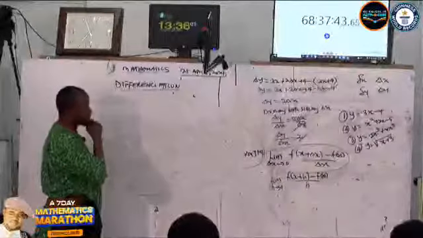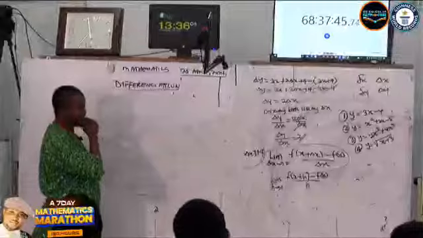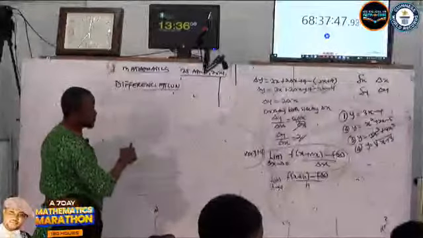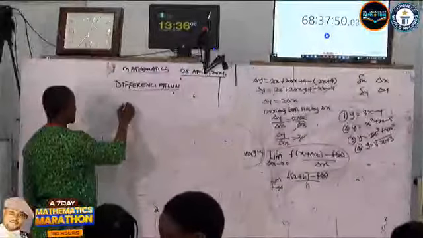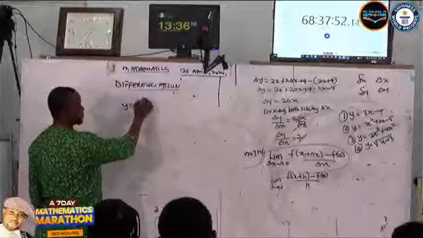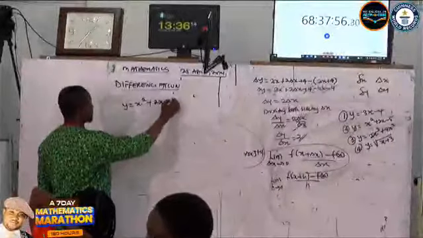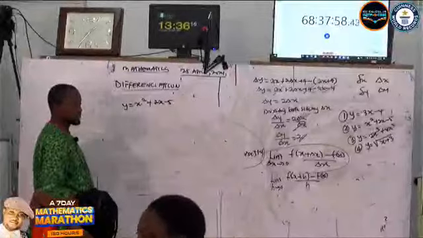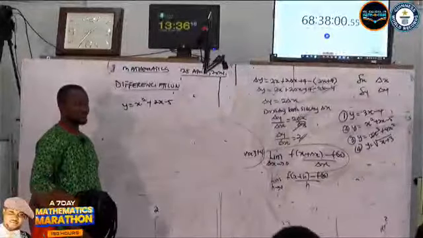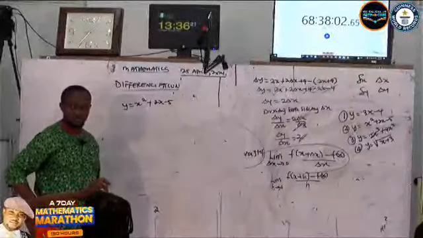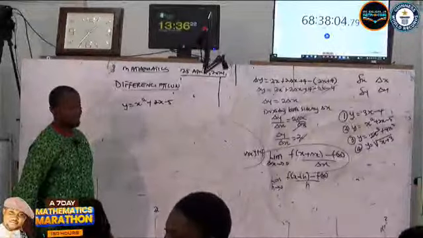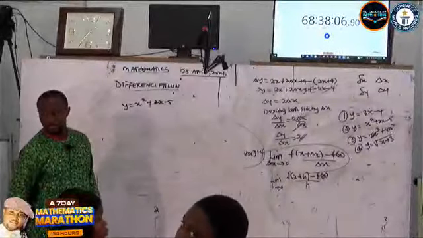Now, let's see how we can differentiate y equals x squared plus 2x minus 5.